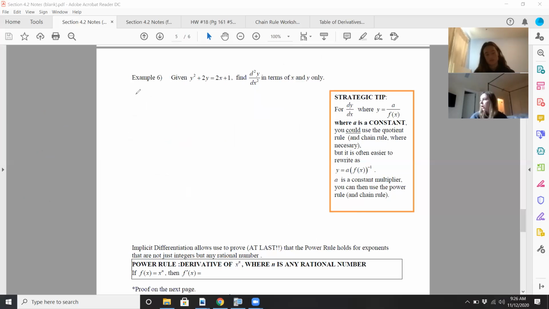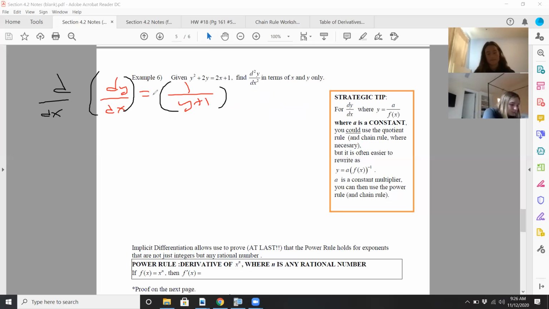Okay, so 1 over y plus 1, that was my first derivative, or dy over dx. Now what you're going to do is take the derivative again. So I'm going to do d dx here and d dx here. Now, when you do d dx of dy over dx, that becomes a second derivative.